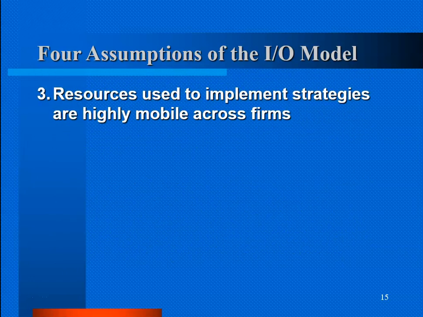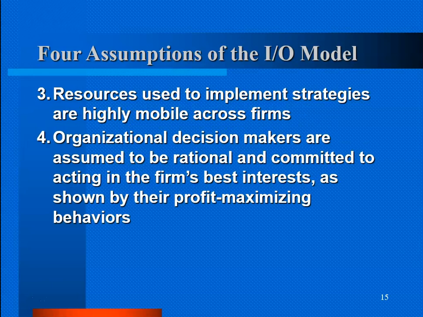Third assumption is that resources used to implement strategies are highly mobile across firms. And fourth, organizational decision makers are assumed to be rational and committed to acting in the firm's best interest as shown by their profit maximizing behaviors.